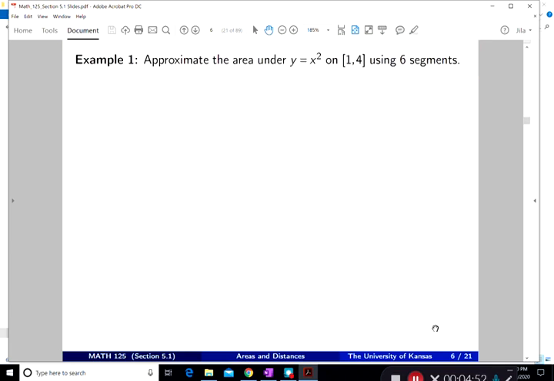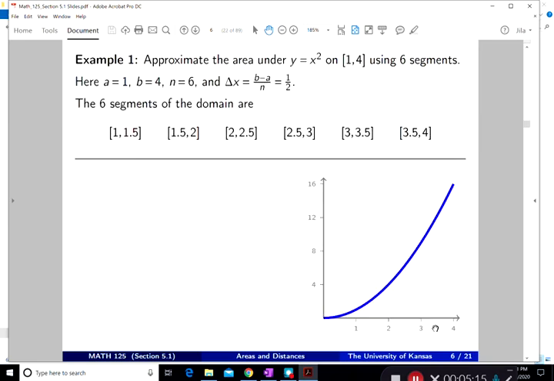Now let's approximate the area under y equal to x squared on 1 and 4 using 6 line segments. First step, divide. 4 minus 1 divided by 6 means 6 line segments of the length half a unit.